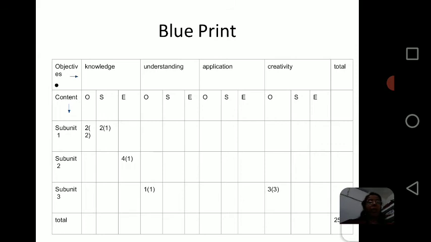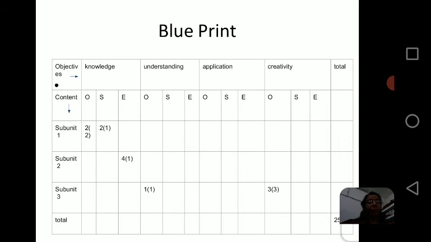From subunit 1, how many marks? From subunit 2, how many marks? It is to be depicted in the right end column. Subunit wise total marks, and objective wise total marks are to be depicted in the respective columns.